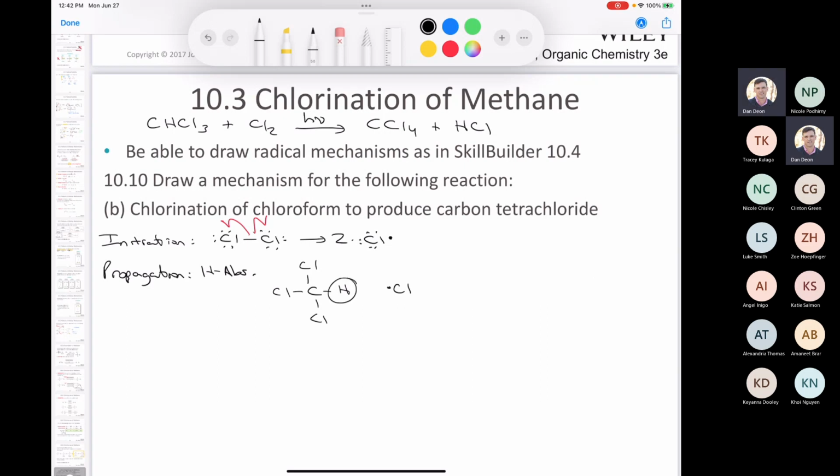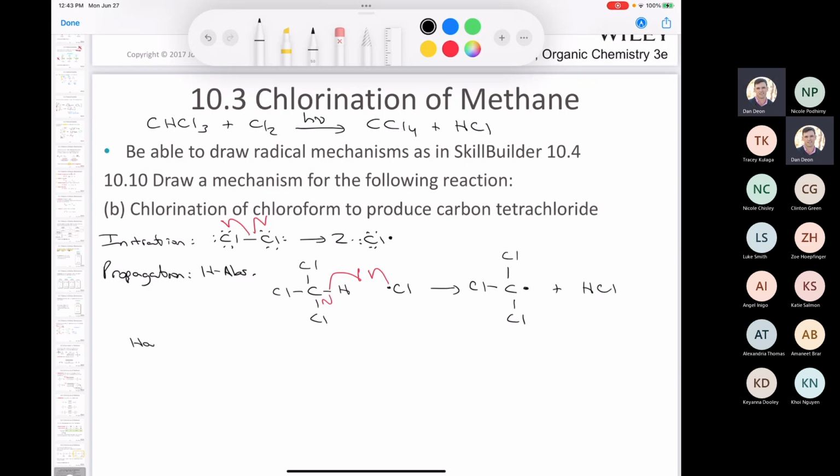I'm going to abstract this hydrogen. So make a new bond between the chlorine and the hydrogen to make HCl, and I'm going to make the CCl3 radical. So I end up with something that looks like this: trichloromethyl radical plus HCl. So that was the hydrogen abstraction.